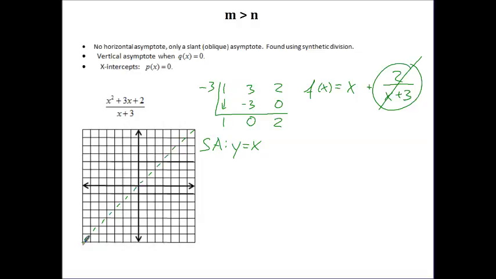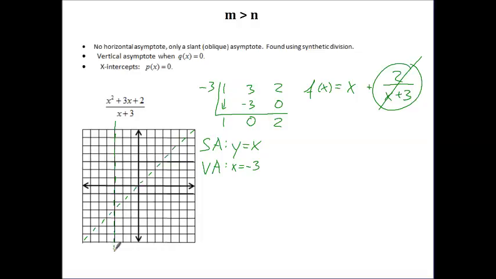Our vertical asymptote is where the denominator turns to 0, and that would be at negative 3 for x. x is equal to negative 3. So let's put that vertical asymptote in as well. Next, we're going to look for our x-intercepts.